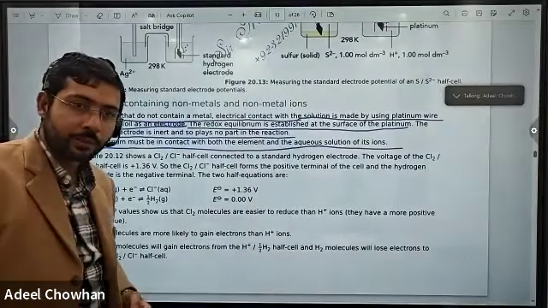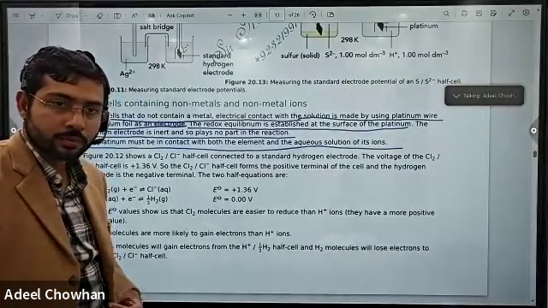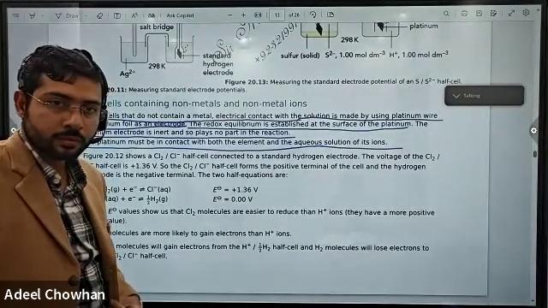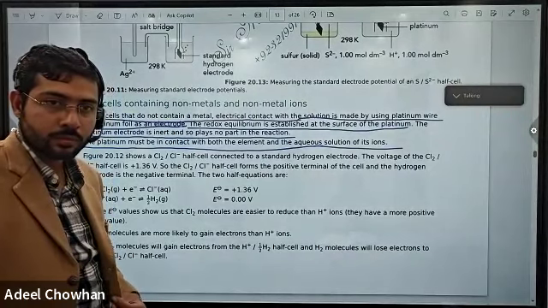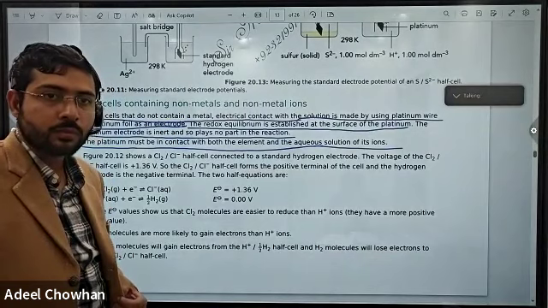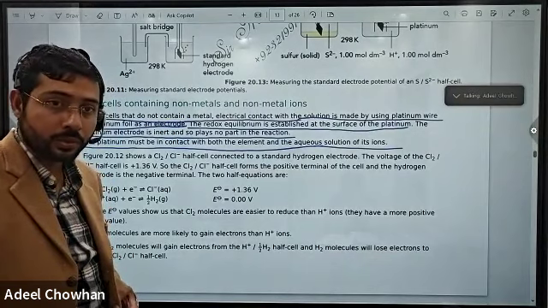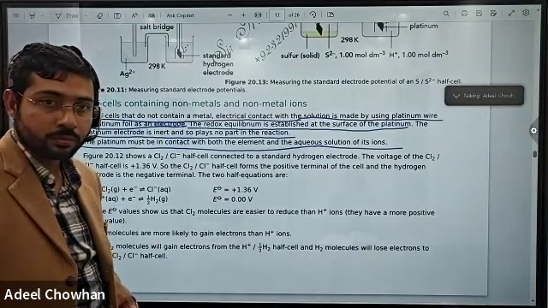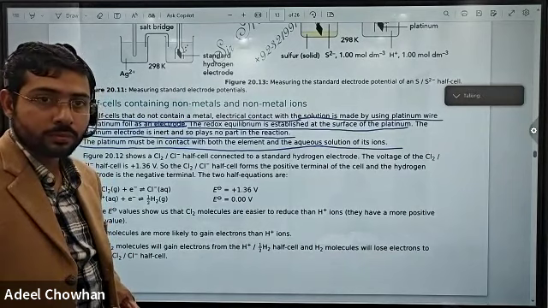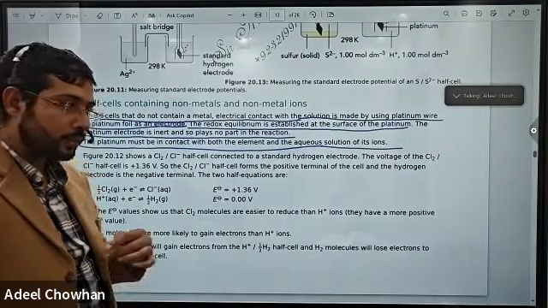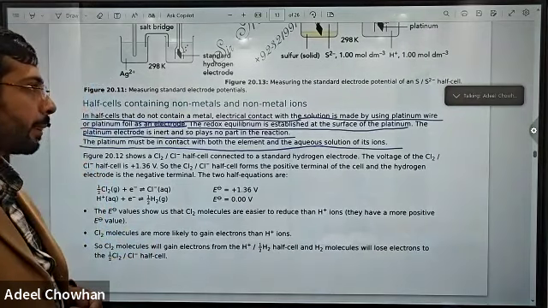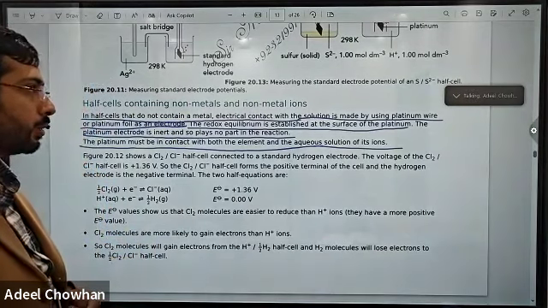Reduction. And which electrode will it become? Cathode. Yes, cathode.